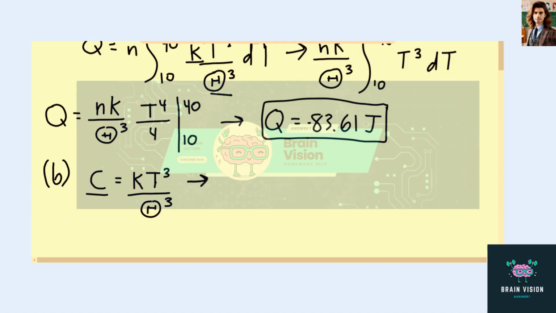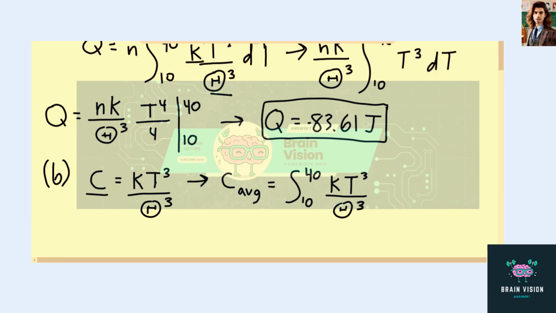It's going to look something like this. To get this C average, it's going to be equal to this integral, again from 10 to 40, that's our temperature range, and we still have K T cubed over theta cubed.